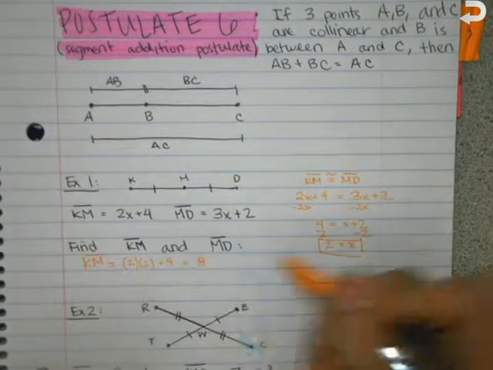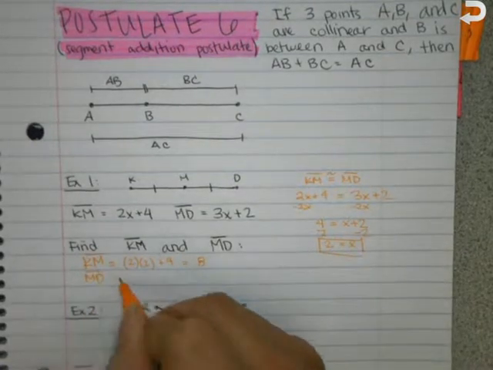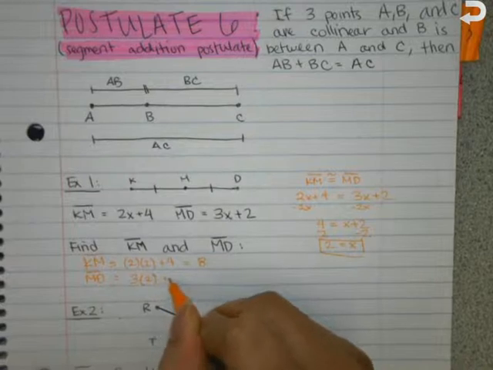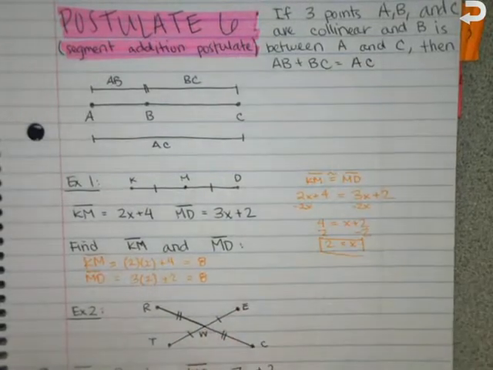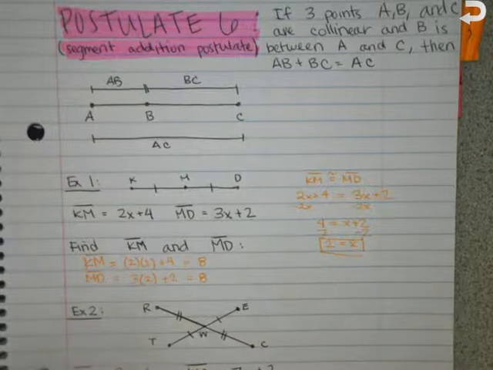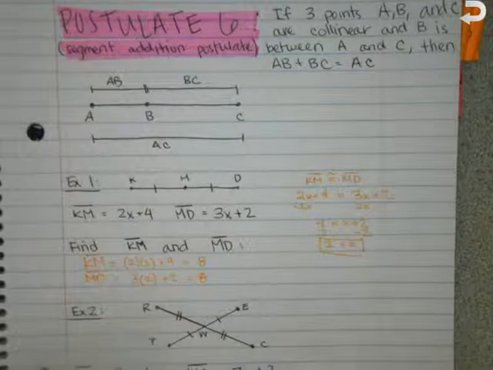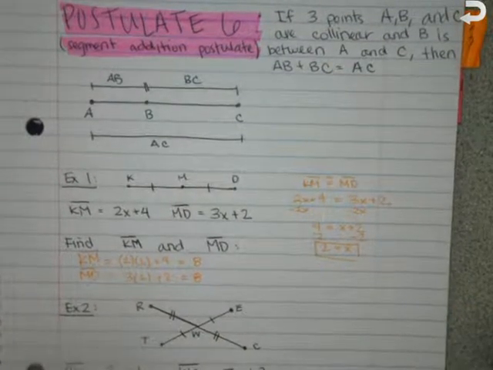And then MD is equal to 3 times 2 plus 2, and that's 6 plus 2, and that's also 8. But of course we know that since they're congruent, by default it should be 8, right? And that's example number 1.